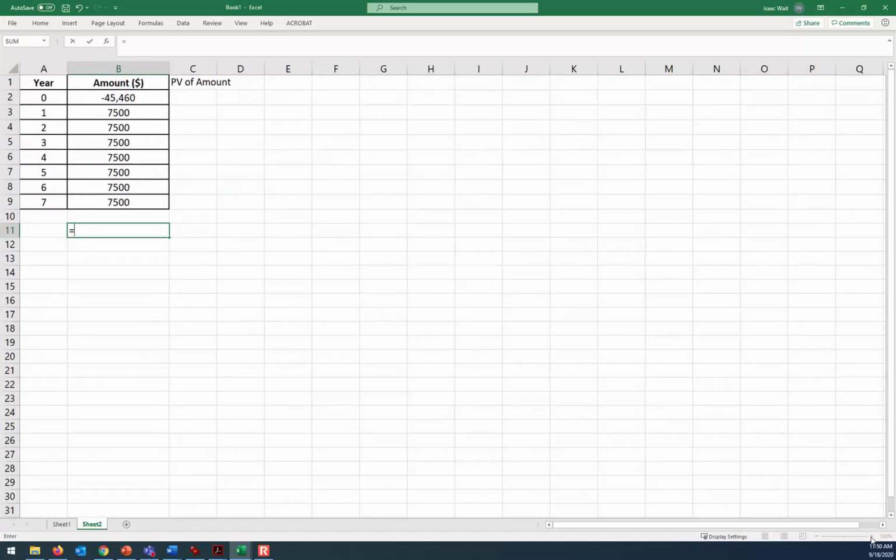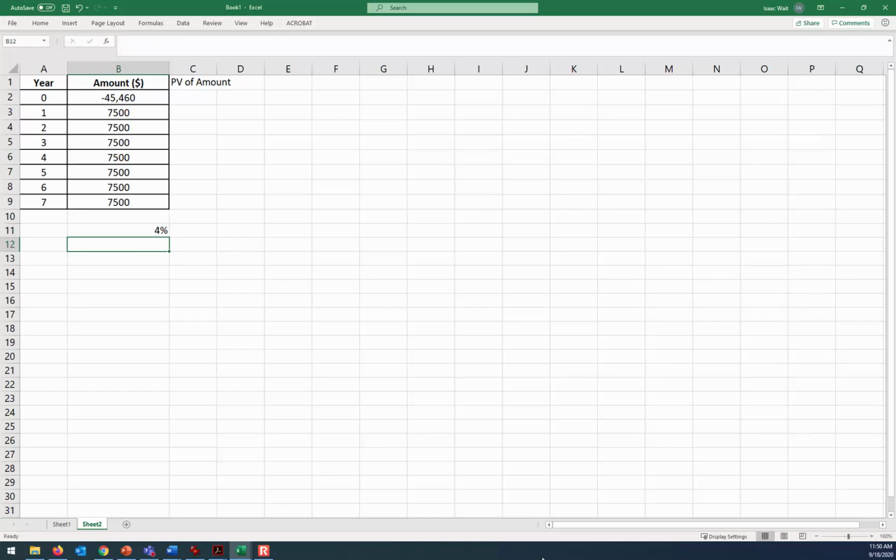And so that is equals RATE, NPER, looks like 7. What is the amount of the recurring payment? 7,500, comma, what is the present value? Negative 45,460. Enter.